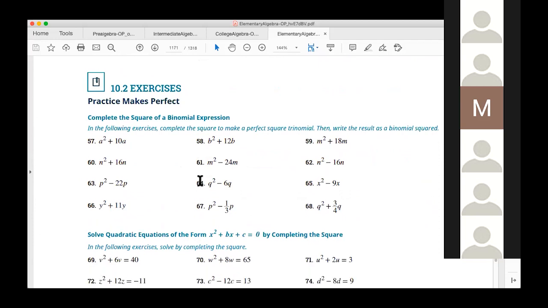Okay, guys. So you have this. Can you see that? Yes. I'd like you guys to go over from 57 to 68. Sometimes I have fractions here, so you have to work a little bit with fractions, so it's a bit of a challenge, but it's okay.